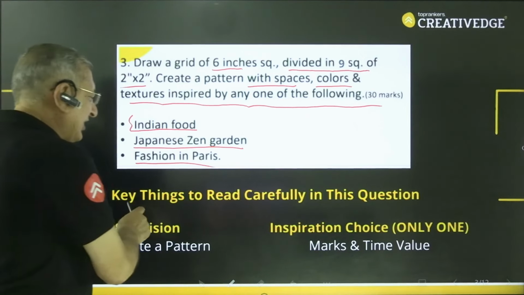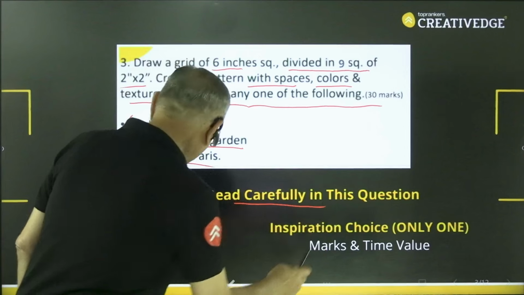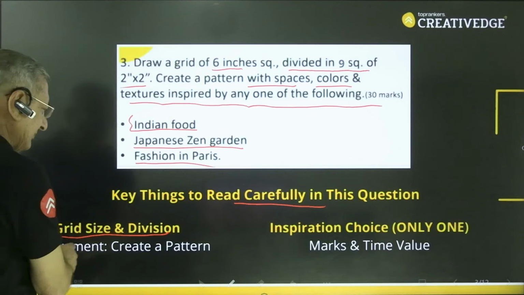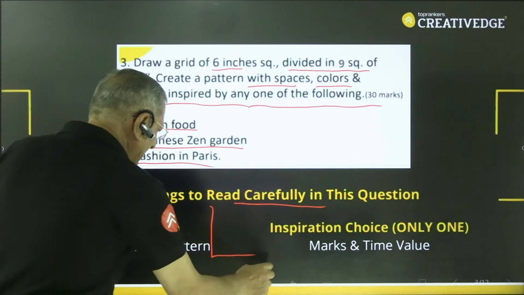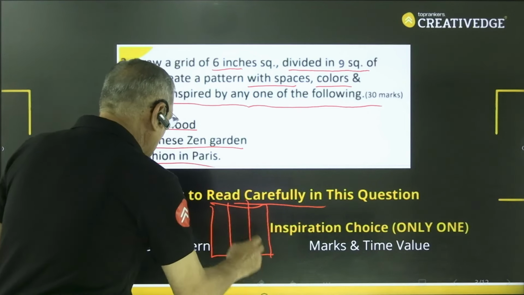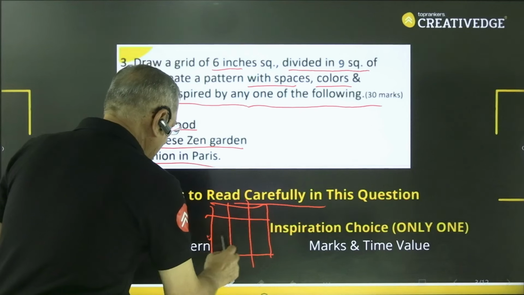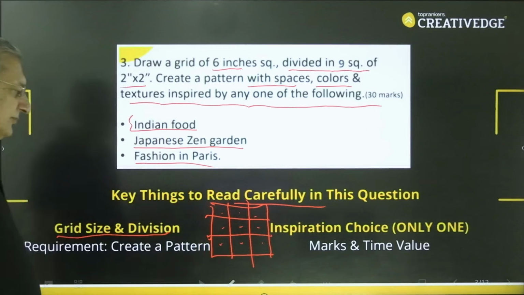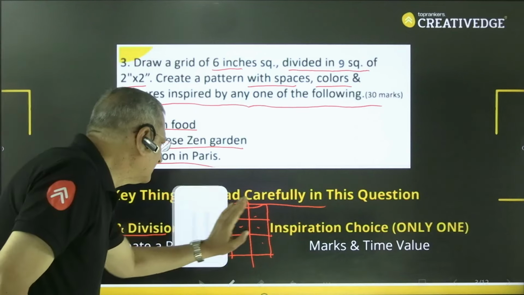Key things to read carefully in this question: grid size and division. You have to do 6 inches by 6 inches, divide it into 2 by 2, 9 grids. That was the requirement.